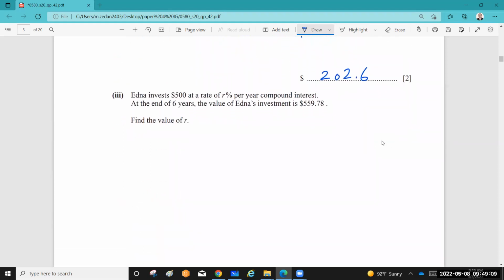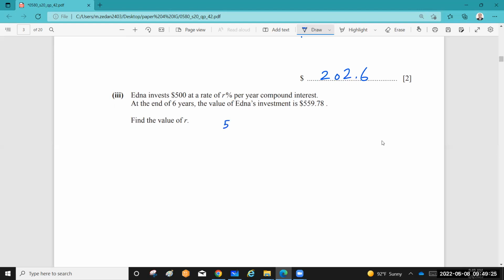Edna invests $500 at a rate of R% per year compound interest. At the end of 6 years, the value of Edna's investment is $559.78. Find the value of R. Just use the compound formula, as you know.